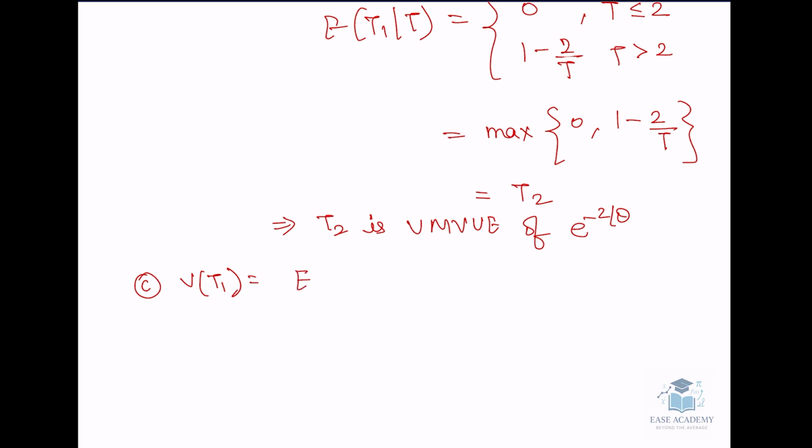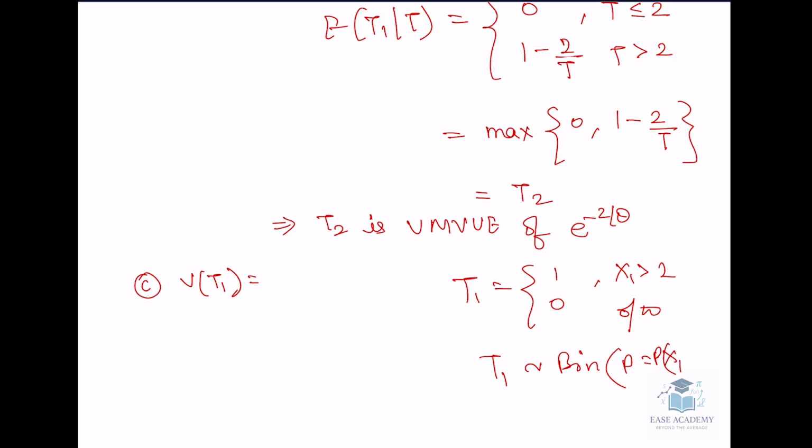expectation of, from here we can see that T1 is taking value 1 for X1 greater than 2 and otherwise 0. Can we say that T1 has a binomial distribution with probability of success as probability of X1 greater than 2?